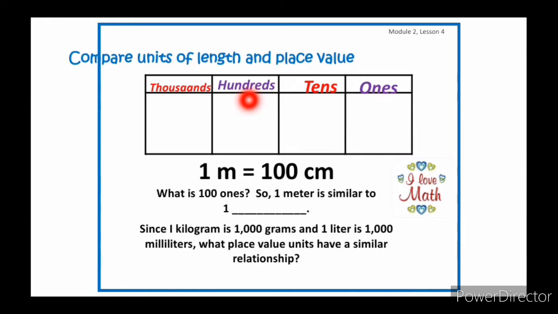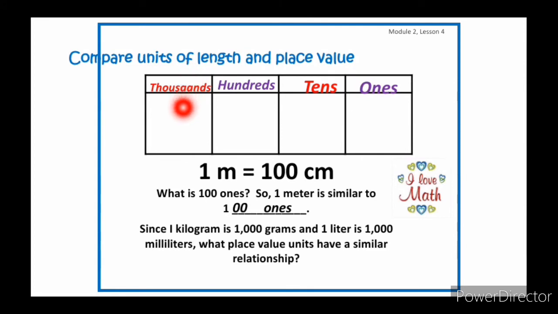So it's just like I have one bundle of 100. If I unbundle it, I'll have my smaller units, which will give me 100 ones. This time around, in terms of the smaller unit, I'll have it as 100 centimeters. So that tells us that 1 meter is similar to 100 ones. And when we relate this to kilograms and grams, it will be in terms of thousands and ones.